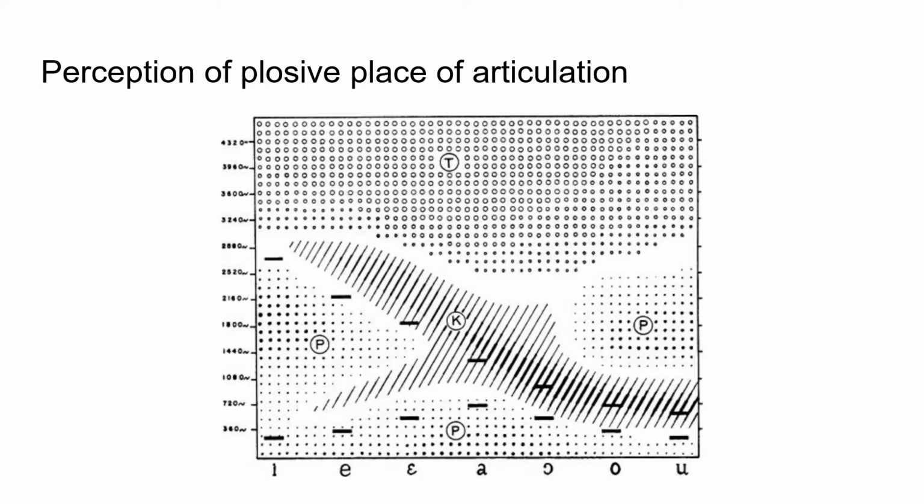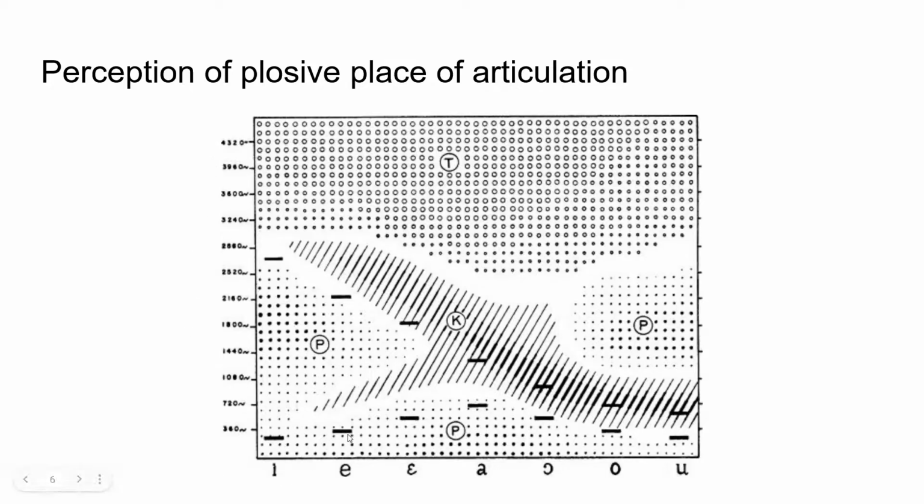And what the listener hears depends on a combination of various things. And there's this one famous diagram, famous plot, that really does illustrate how very context dependent these percepts are. For example, the vertical dimension here is where most of the energy is concentrated in the release burst.